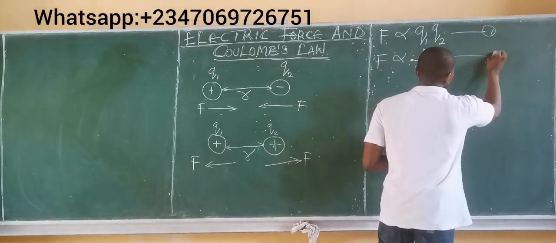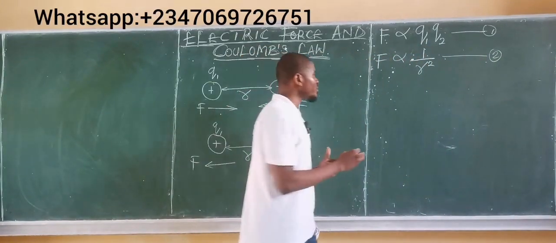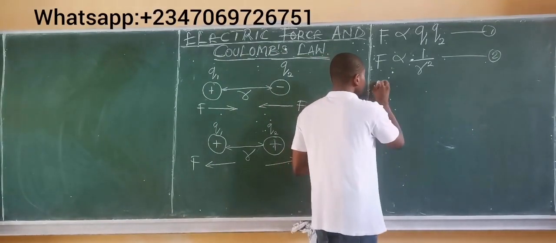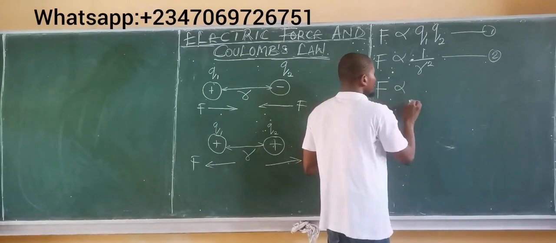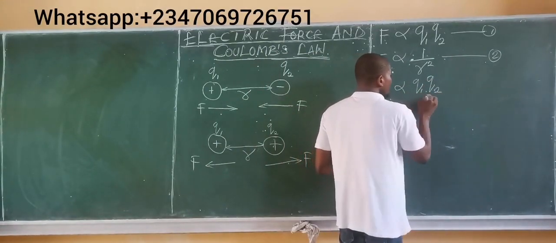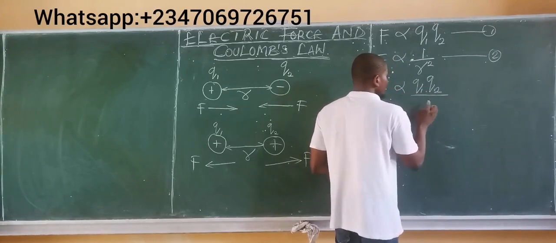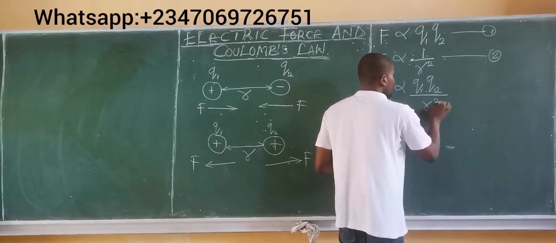Call this equation 2. Now if you join these two equations together, you simply obtain that this force, since the two forces are the same, is directly proportional to the product of the charges Q1 multiplied by Q2, and inversely proportional to the square of their distance apart.